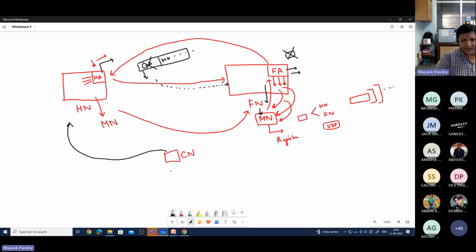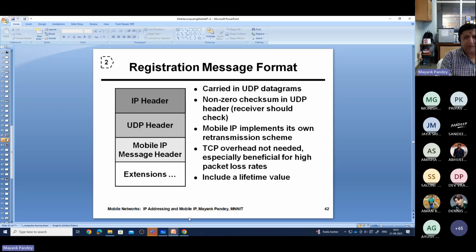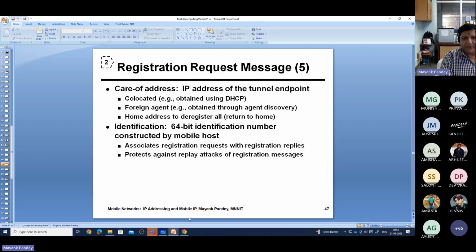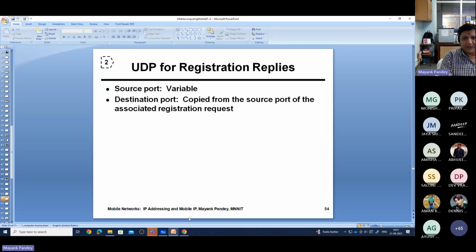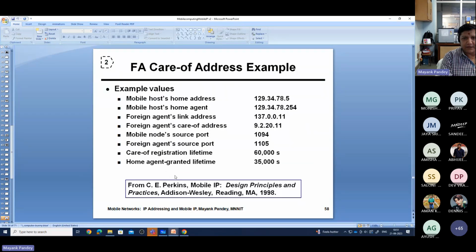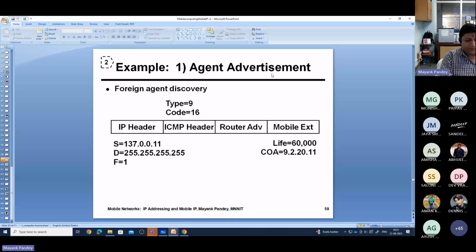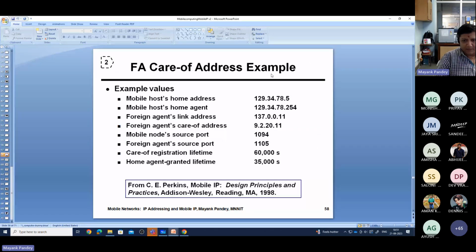If you see the slides later on, there is a detailed example given with IP addresses and everything, of registration, registration reply and everything. This is a detailed example where the foreign agent is the care of address. I've taken this example from the Perkins book.